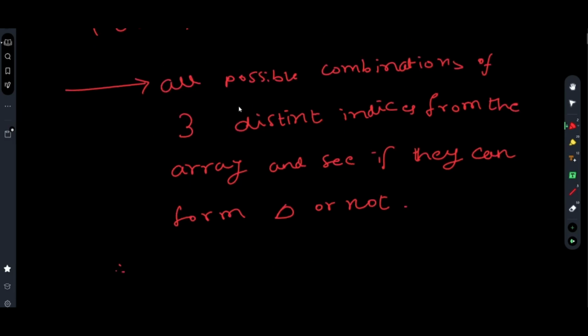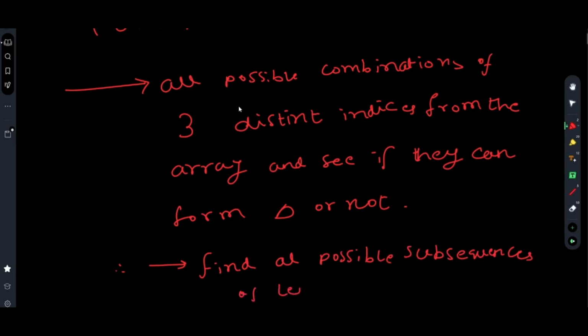Therefore, the problem boils down to finding all possible subsequences of length 3.